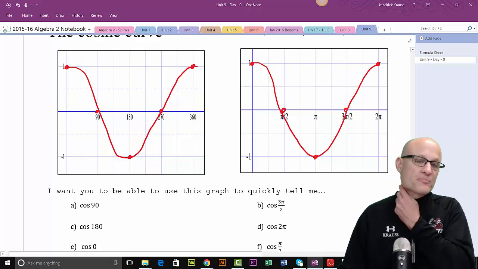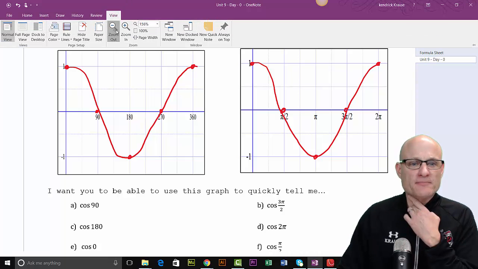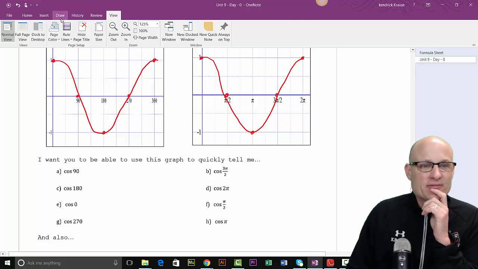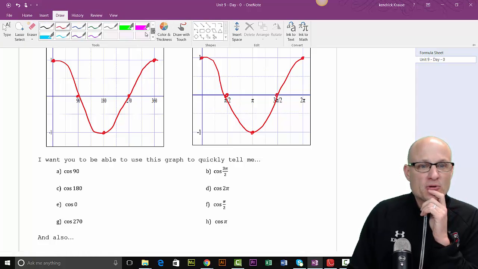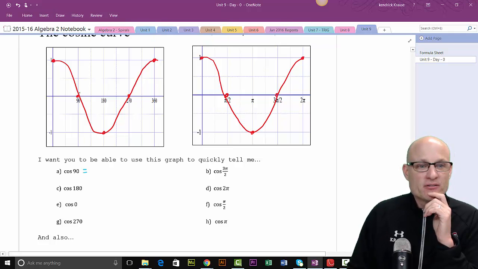All right, so let's try to answer these questions. I'm going to zoom out a little bit, see if I can get these on there. So, cosine of 90. Let me give it a different color. Go back to purple. I'll go to my cool blue. Cosine of 90 degrees, 0. Cosine of 180, -1. Cosine of 0, 1.